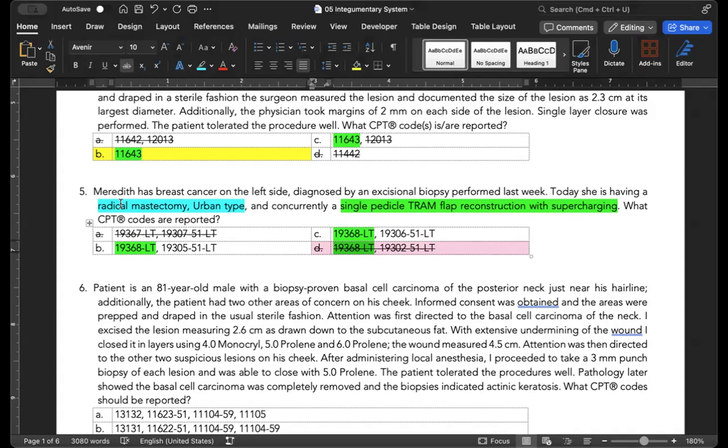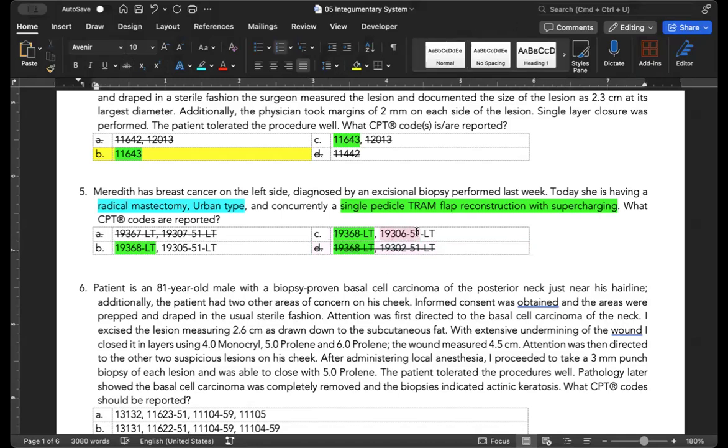But don't stop there. Let's go look at 19306. That is for a mastectomy radical, including pectoral muscles, axillary, and internal mammary lymph nodes. And that's also known as an urban type operation.